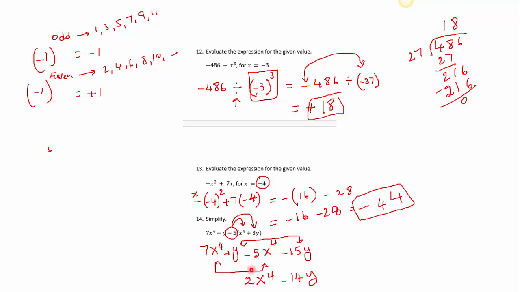So 7 minus 5 is 2, and we leave the same x^4. Here we have these two are like terms because they have the same variable y, except this is 1y, this is negative 15y, so we're going to combine them. Because they have opposite signs, we're going to subtract. And negative 15 plus 1 is negative 14y. Remember, 15 minus 1 is 14. This is more negative, so the final answer is negative 14y.